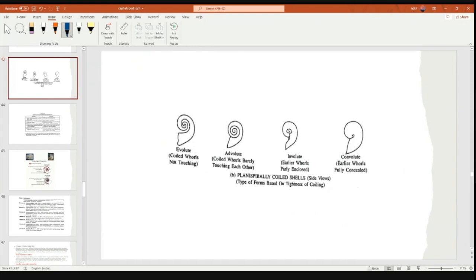In evolute, these are the coiled walls, not touching one another. They are not that loose, they are quite close to each other but not touching. So these are the evolute.